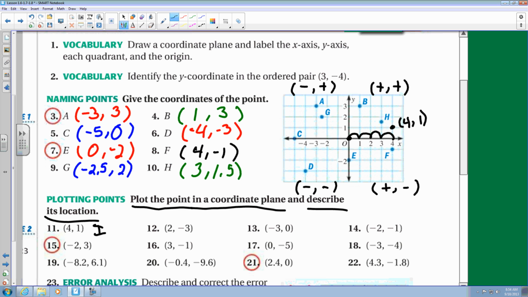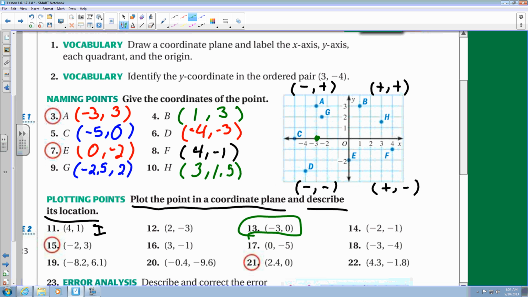Now what you're asking is, how do I identify if it's located on either the x or the y axis? Let's look at example 13. 13 is at negative 3, comma 0. So negative 3 is the x coordinate and it's negative, so it's to the left, which means it's located right here.